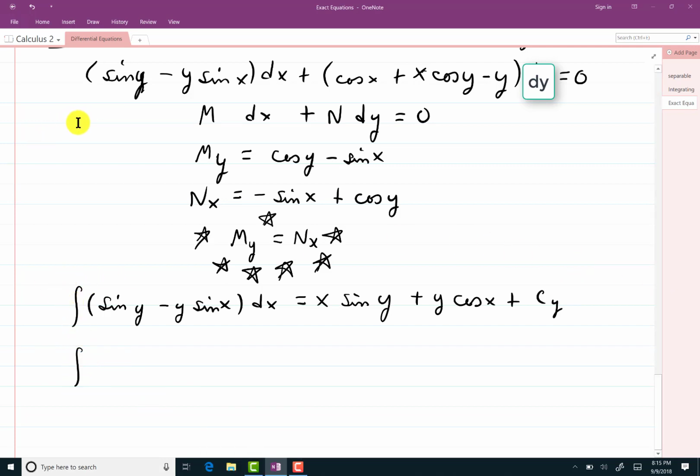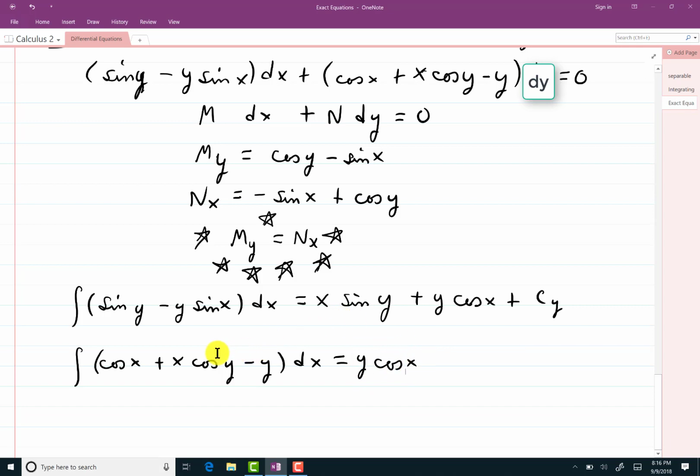Secondly, I'll go back to this guy here, and I will integrate cosine of x plus x cosine of y minus y dy. And that will be, let's see, with respect to y, so I'll get y cosine of x.